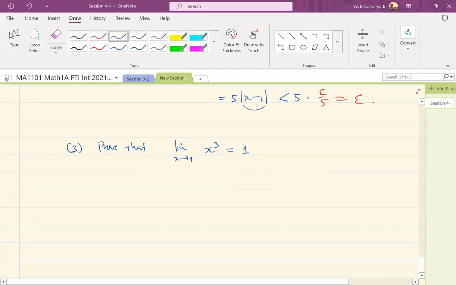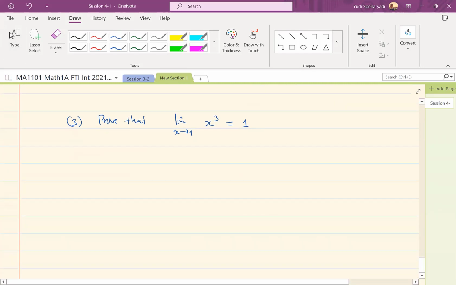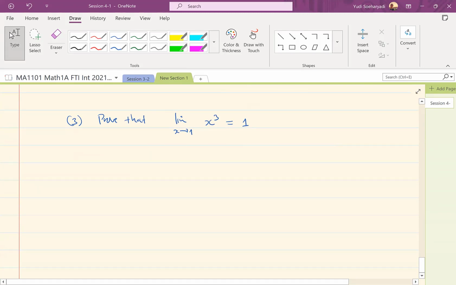I guess you're quite familiar with these computations because you've seen this a few times. All right, so let's do this. First thing is to make a little computation. So f of x, let's recognize this first. This is f of x, a function. This is L, supposedly. This is our a.